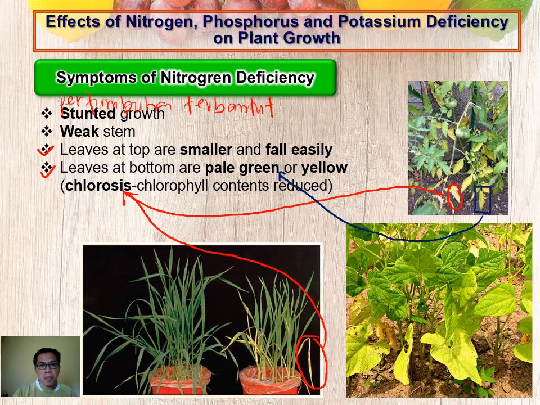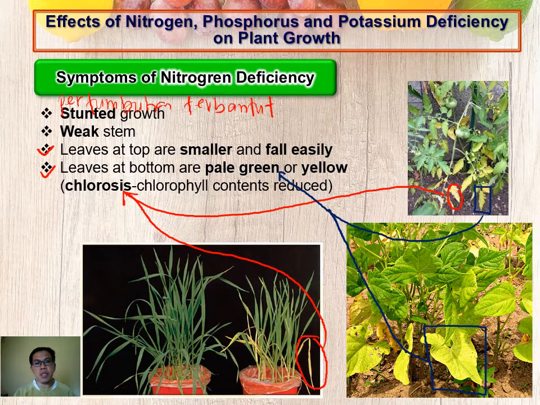Number 2. Okay, kita lihat di sini. Boleh lihat di sini juga kalau kita perhatikan. Okay, chlorosis. This one is not chlorosis. This one is pale green. You see here, pale green. Nampak warna hijau pucat, pale green. It shows that this is lack of nitrogen. Pokok ini kekurangan nitrogen.